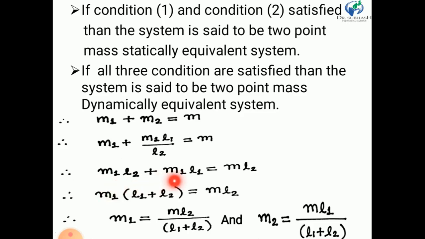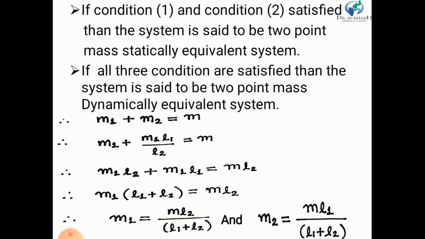If we simplify this equation, then we get m1 l2 plus m1 l1 is equal to m l2. Now here we take a common m1, so we get m1 in bracket l1 plus l2 bracket complete is equal to m l2, and we get the value of m1 is equal to m l2 divided by bracket l1 plus l2.